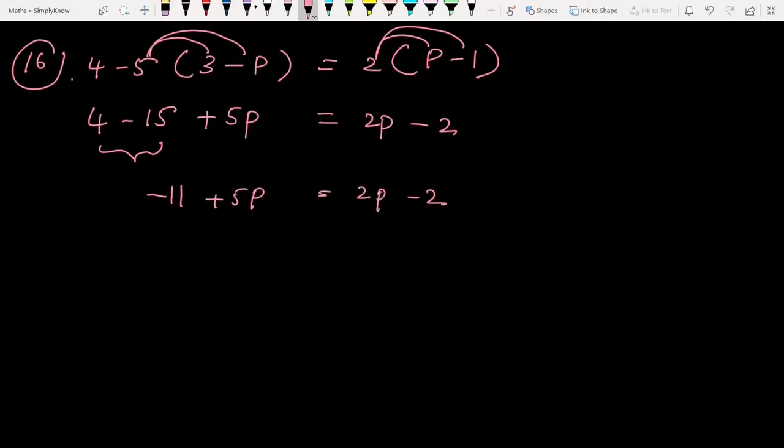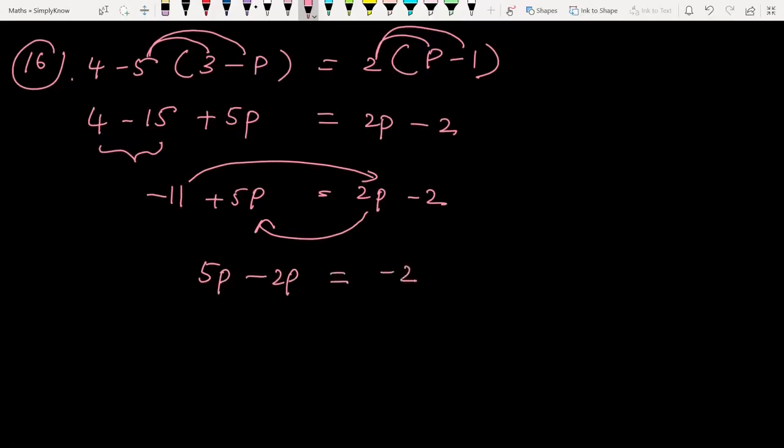Here again we need to rearrange and keep our like terms together. So I'm going to send this 2p to the left side and this minus 11 to the right side. So here plus 5p, it's 5p. 2p becomes minus 2p now, equals here minus 2.